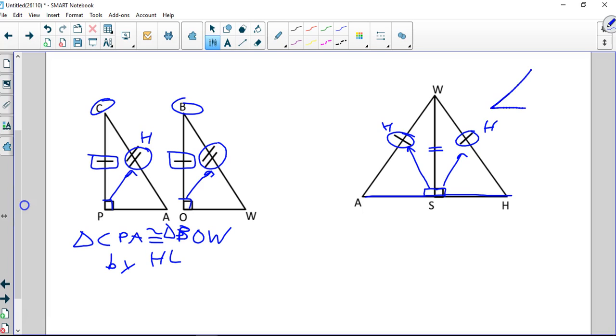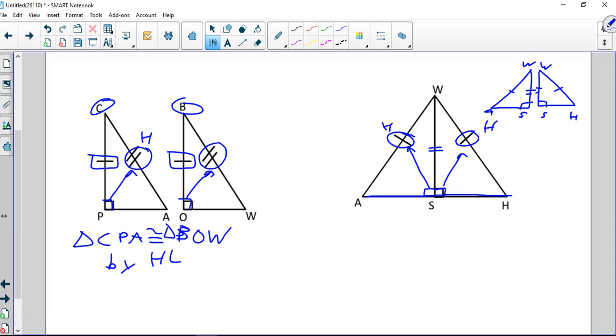Remember, we could cut that triangle just like this, A, S, W, and H, S, W. And these would obviously be equal to each other. And we already have the hypotenuse on each one marked, and we know these are 90 degrees. So that's what it would look like if we cut it apart.